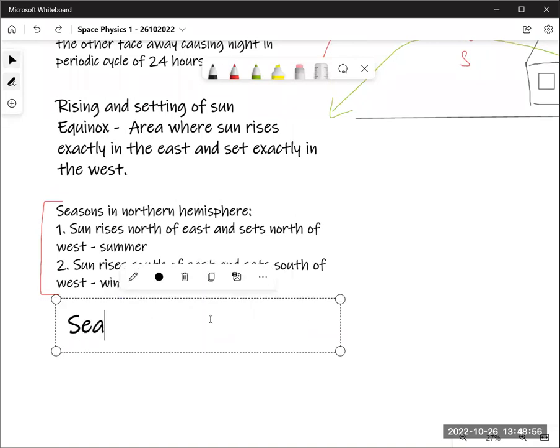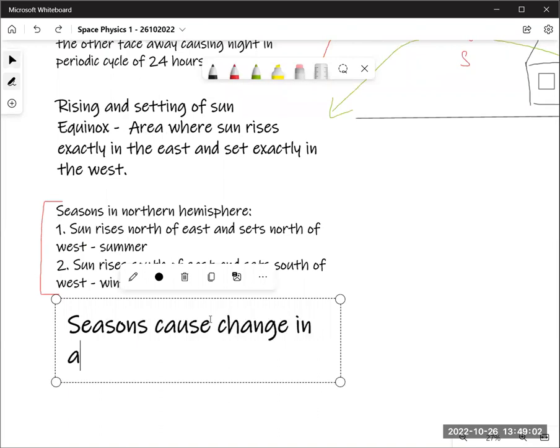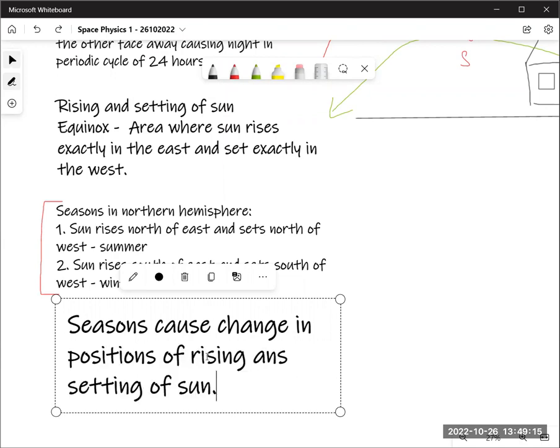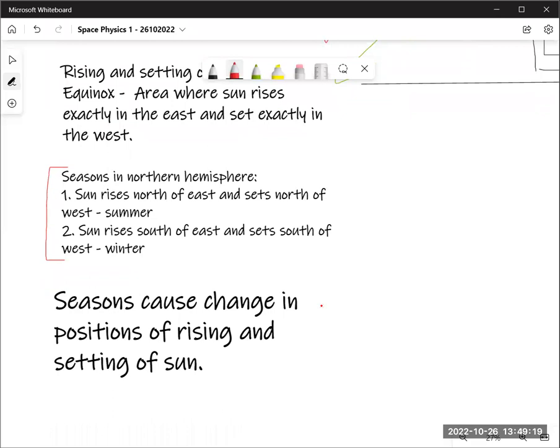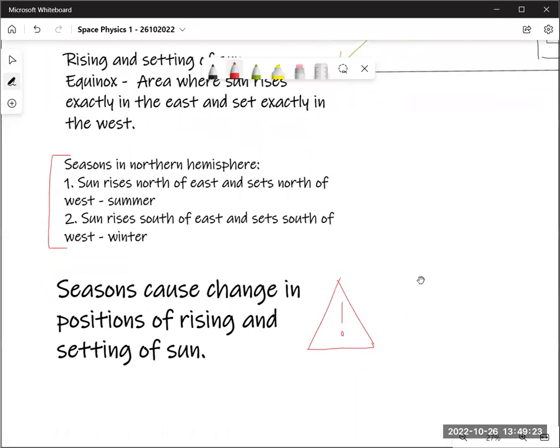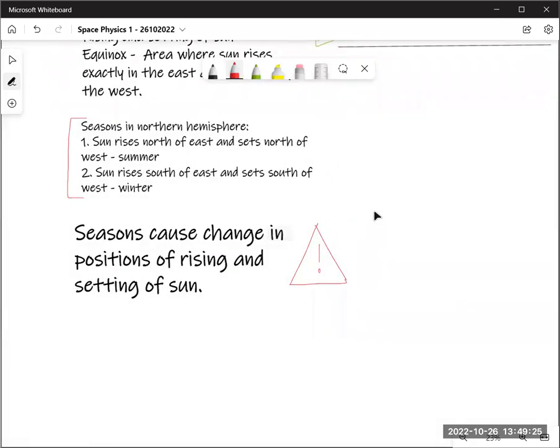Seasons cause change in positions of rising and setting of sun. That's what you need to write as well. Now we look at questions that will make things easy.